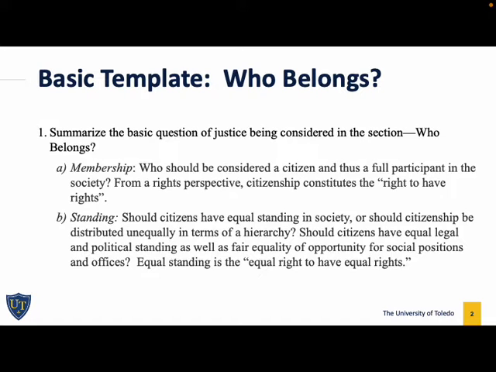A second related question to citizenship or membership is standing. Who should have standing? Should we have equal standing or unequal standing, basically, is the question. Standing refers to our place, our legitimate place as a citizen in the society.